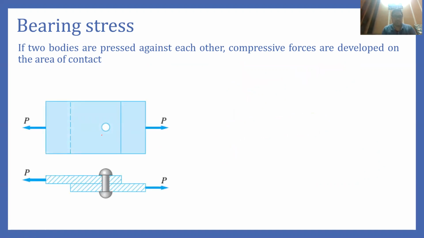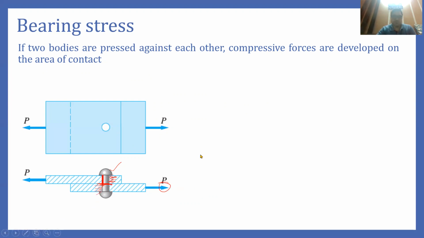So here in this case, if we again take the example of this plate connected with a rivet or a bolt, we have seen that this section is subjected to shear, but this line is also subjected to some kind of force. The force may be acting at this surface also. Similarly, this force will be acting on this surface.